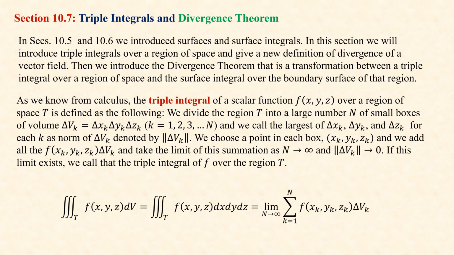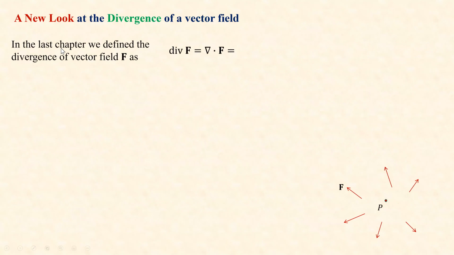So this is just reminding you of the triple integral. All right. Now, a new look at the divergence of a vector field. First, we defined the divergence in the last chapter, divergence of a vector field F, as del dot F, where the del operator has 3 components: the partial derivative with respect to x, with respect to y, with respect to z, dotted with the field, which has 3 components, which we call F1, F2, F3.